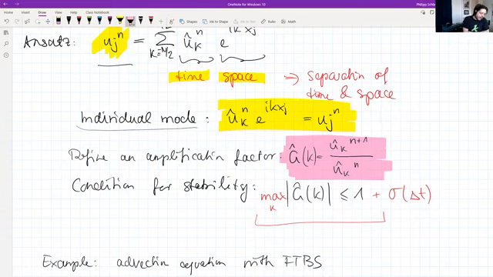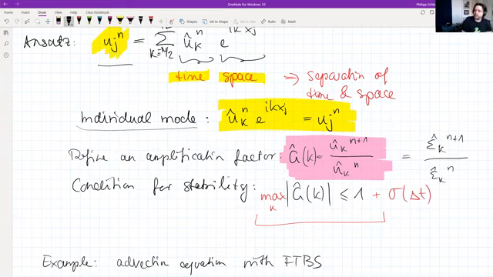And now, this is written in terms of the solution u. But as we have seen before, it's the same equation that also is valid for the errors. So you can also view this as being the amplification factor for errors. So error epsilon k hat at time n plus 1 divided by epsilon k hat at n.